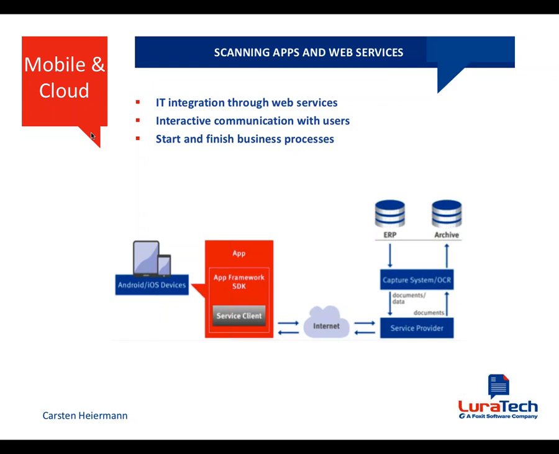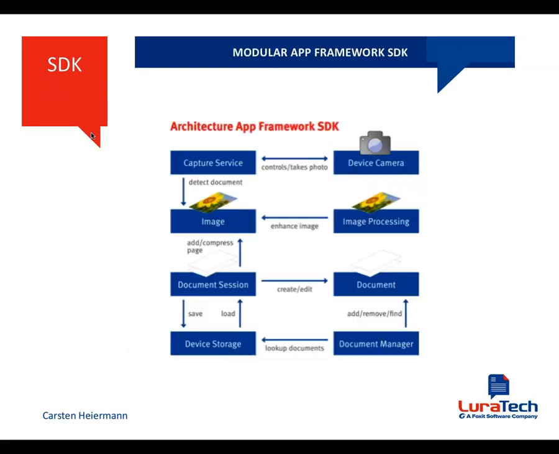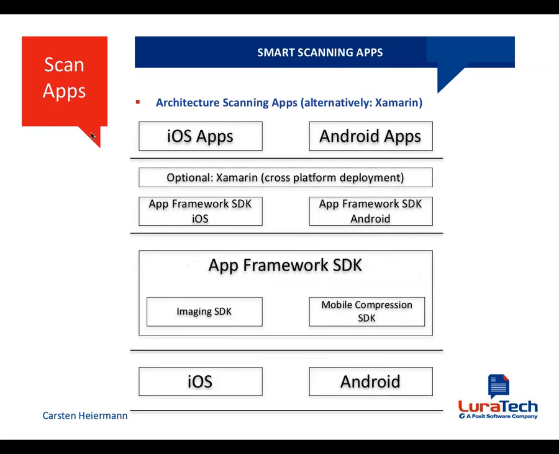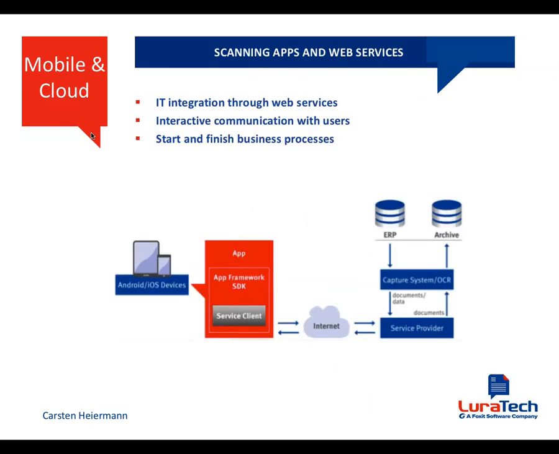And for example, I go back one slide, 2 slides. For example, instead of looking at the lower left part of the chart here, instead of saving and loading documents from the device storage, it's modular, it's optional, you can do it or not. You could, for example, instead of that, call a service client and then just use a web service communicating over the internet with your own storage.